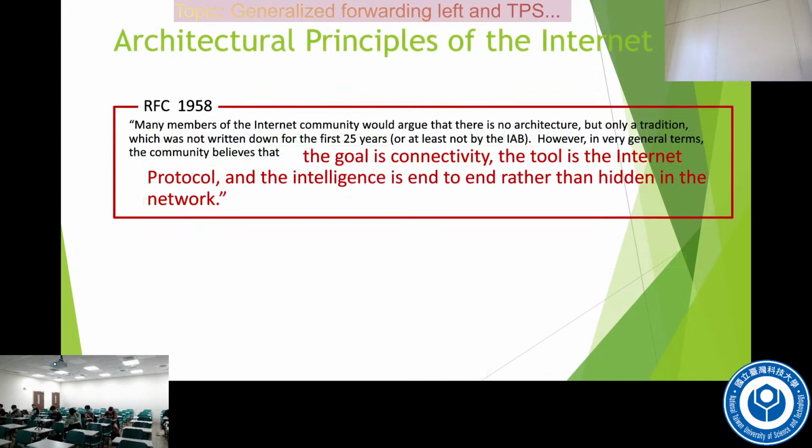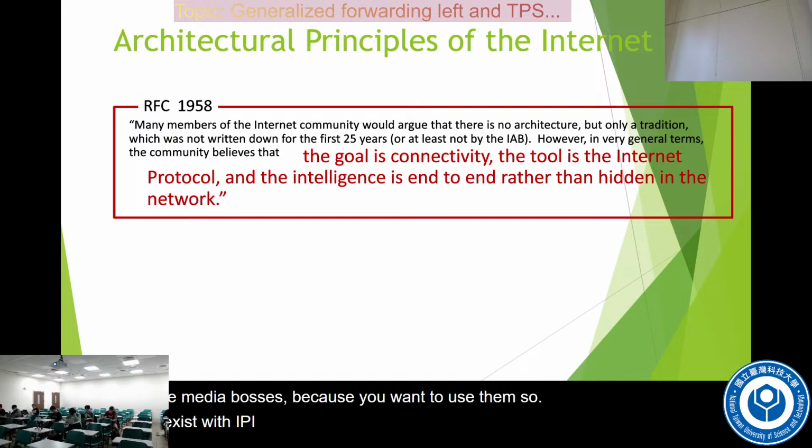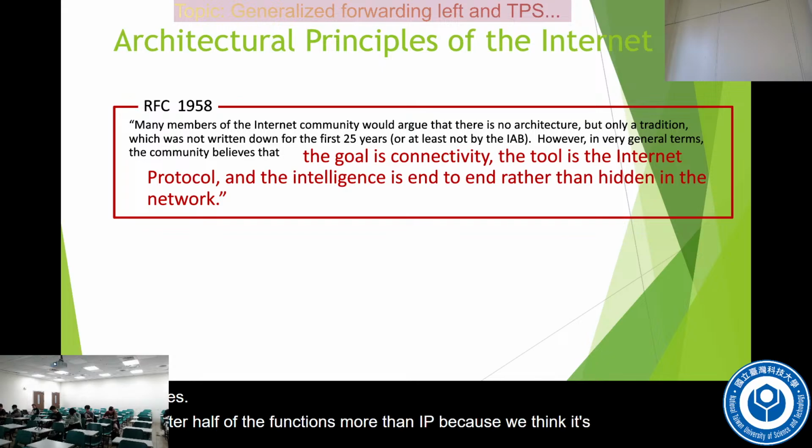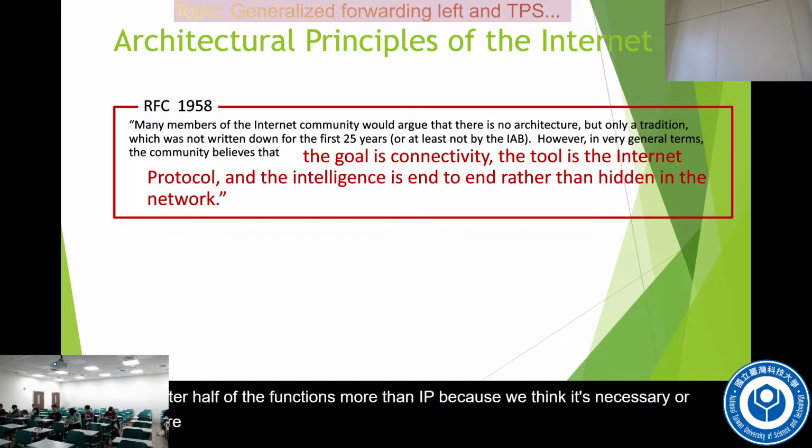For the middleboxes, because we want to use them, they exist with the IP layer. And yes, why do we want to have functions beyond IP? Because we think it's necessary, or they are necessary. And right now, we already have something like here.